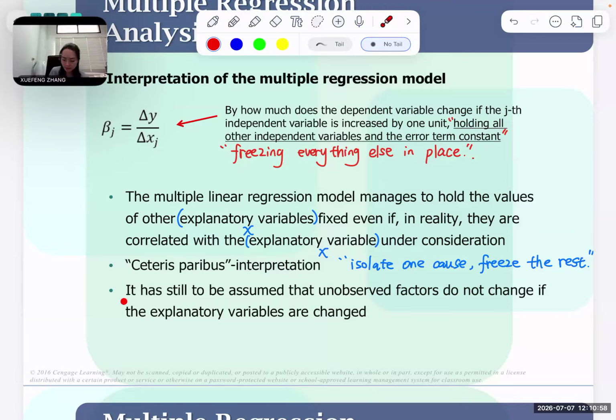So it still has to be assumed that unobserved factors, which are in mu, do not change if the explanatory variables are changed. Those are x, right?